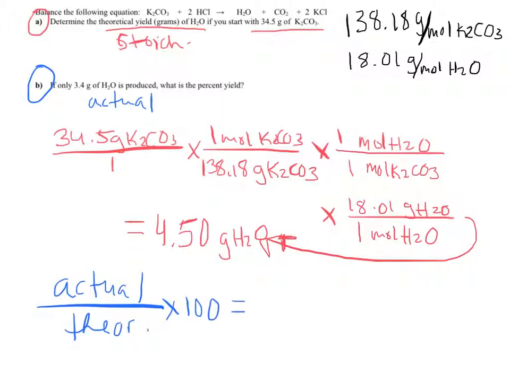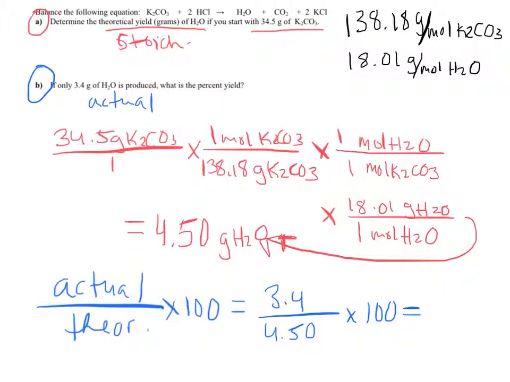Now, your actual should typically be smaller than your theoretical, because when you're actually doing an experiment, the reaction occurs, but maybe not completely. The reaction isn't going to occur more than it is supposed to, only less due to errors in the lab. So we're going to have our actual on top, 3.4, over our theoretical, which is 4.50, and we're going to multiply that by 100 to get the percent yield.